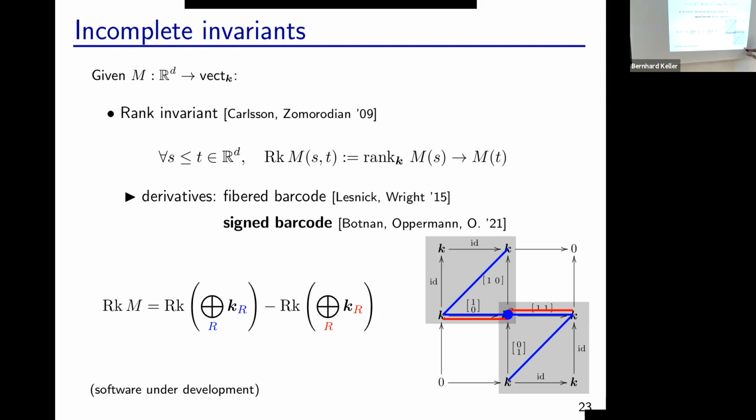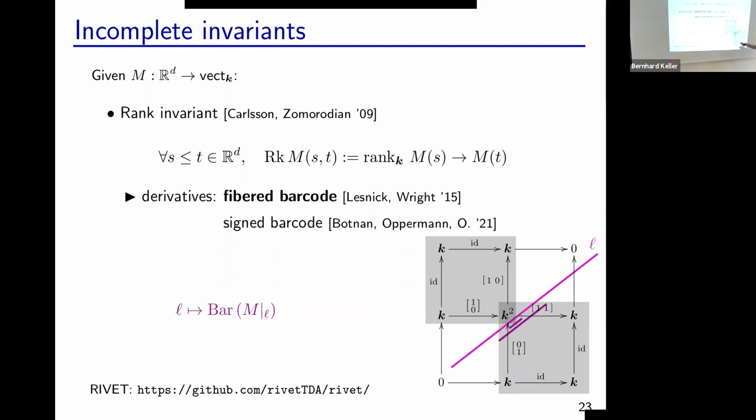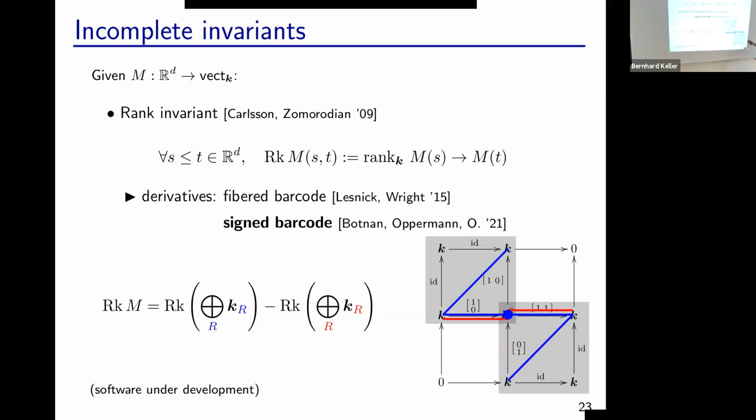Here's an example. This was our working example with an indecomposable module that is not thin. In fact, this indecomposable module has a rank invariant that can be expressed as the difference between the rank invariants of these two direct sums of rectangle modules. In blue you see the rectangles whose positive slope diagonals are given by these bars.